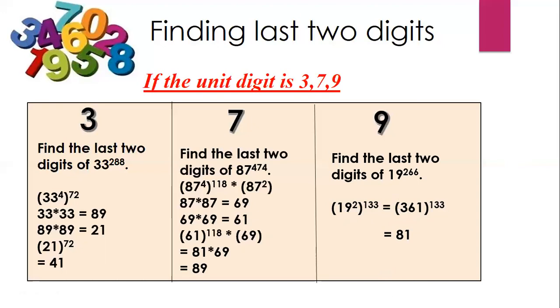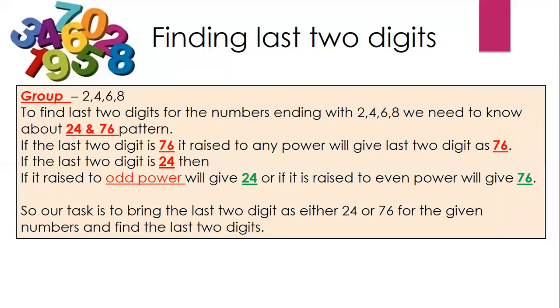Now we have seen numbers whose unit digit ends with 0, 5, 1, 3, 7 and 9. So we are left with the next group, which is unit digit ending with 2, 4, 6 or 8. To find out the last two digits for these four, we need to know the patterns of 24 and 76. If the last two digits are 24 and it is raised to an odd power, the last two digits will definitely be 24.